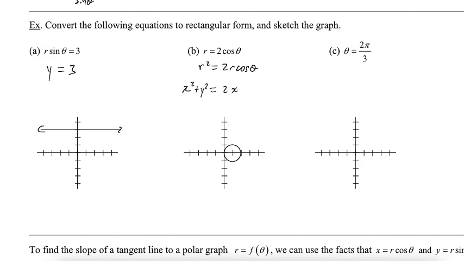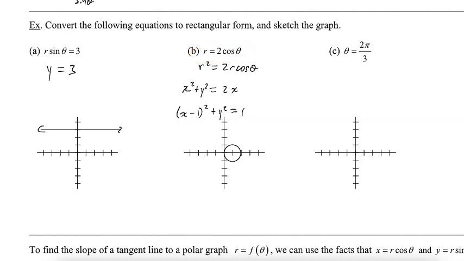Then if I do some algebra 1, algebra 2 skills, subtract the 2x over and complete the square, this becomes x minus 1 squared plus y squared equals 1, which gets me to the formula that it is a center of 1, 0, and a circle with a radius of 1, which is exactly what I see. But it's represented much more simply in polar form.